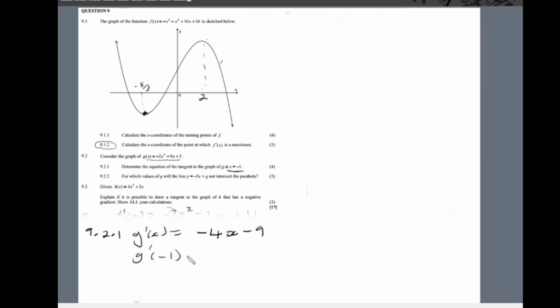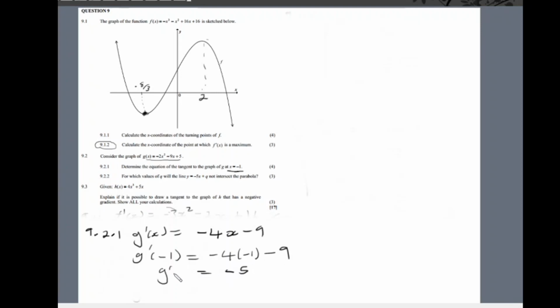If I put minus 1 there, I'll have minus 4 times minus 1, plus minus 9, and that gives plus 4 minus 9, which is minus 5, right?